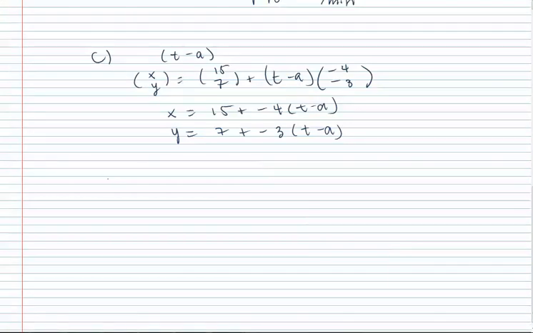We start with d. You take the equation for x of torpedo Q and make it equal to the equation for x of torpedo P. We expand first, and you get -5 plus 3t is equal to 15 minus 4t plus 4a.